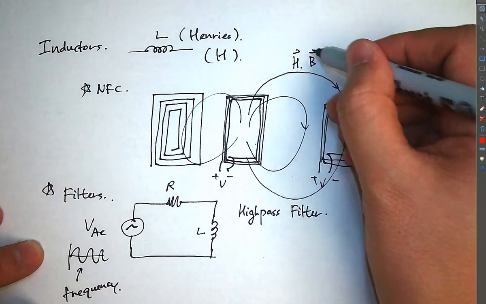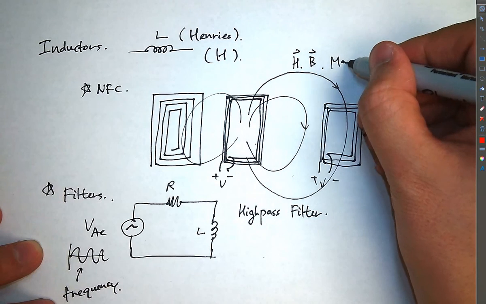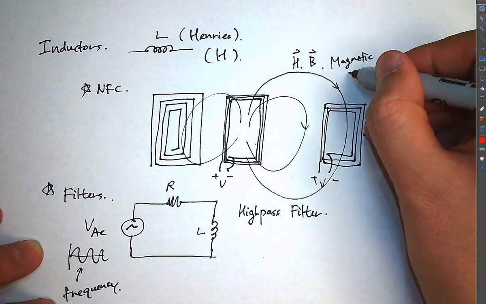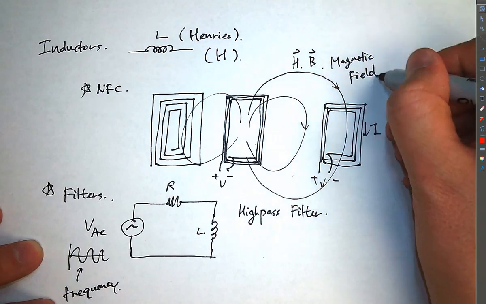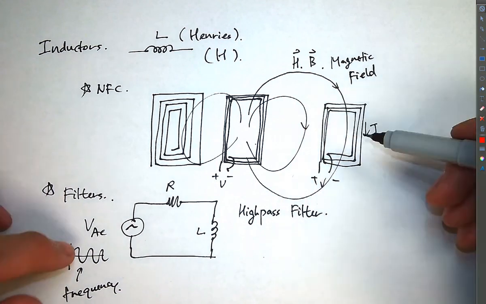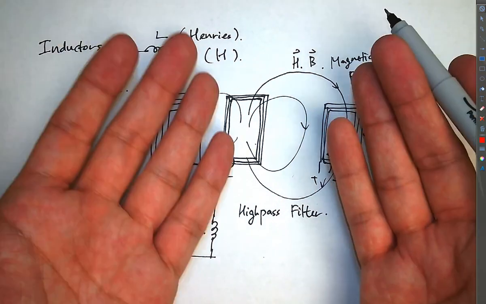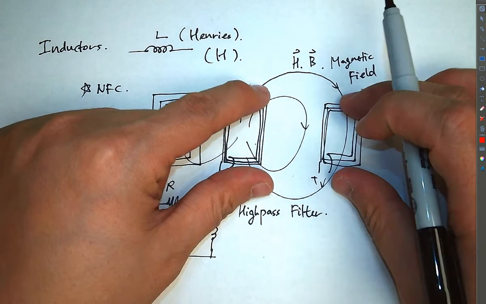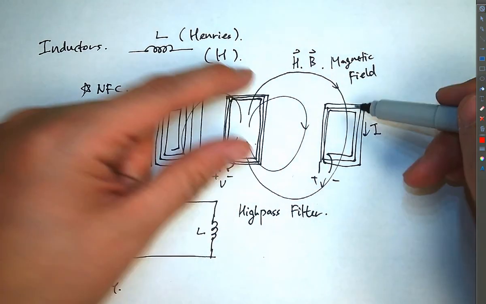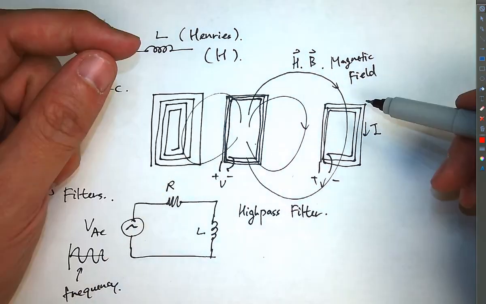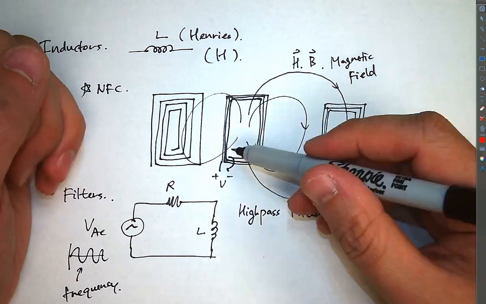These are the symbols for magnetic field. And the magnetic field will go through the other phone. So imagine you have two phones here, and the fields will go through each other's phones, which will induce, and that's how the data is transferred from one to the other.